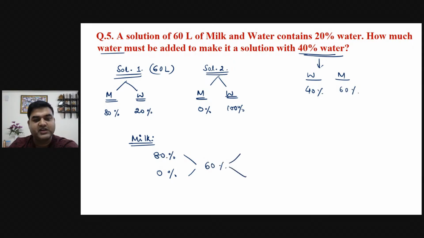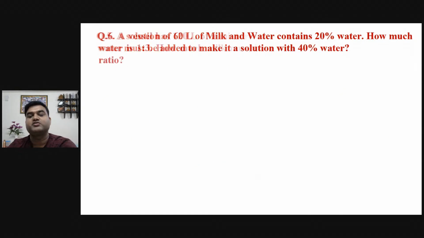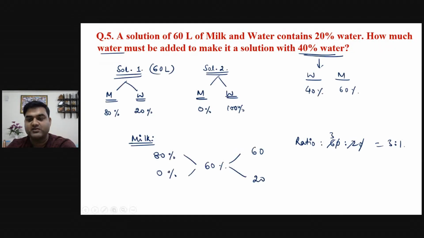So what will be the quantity? 80 minus 60 is 20, and 60 minus 0 is 60. So the ratio will be 60 is to 20. Cancelling by 20, this becomes a 3 is to 1 ratio, where this is solution 1 and this is solution 2.